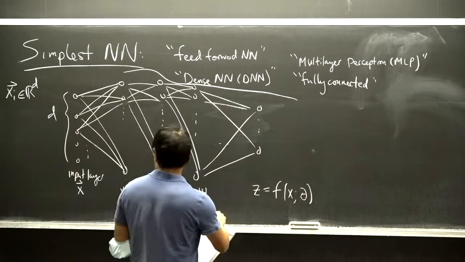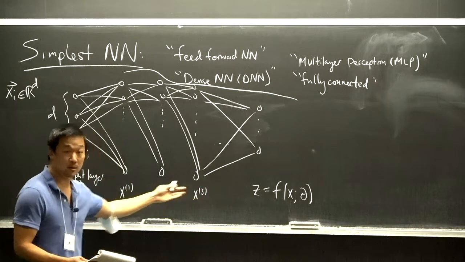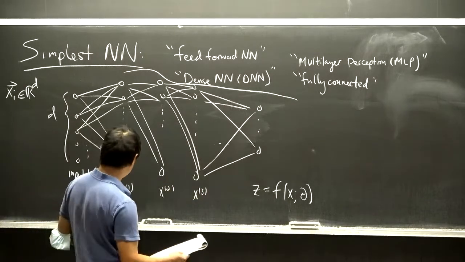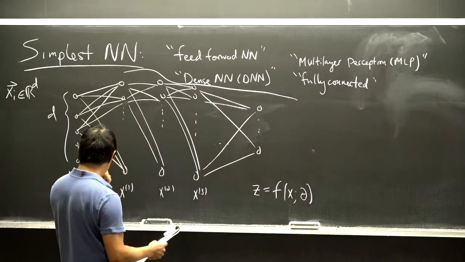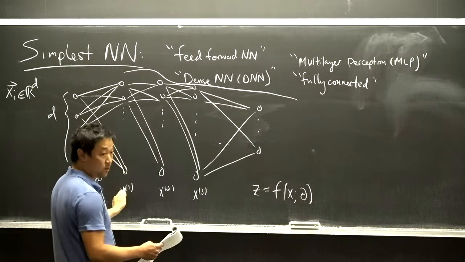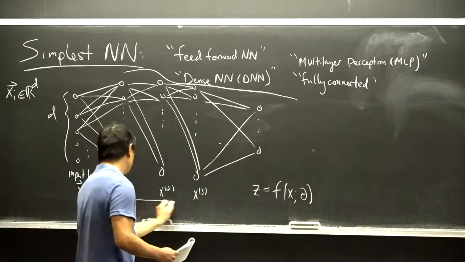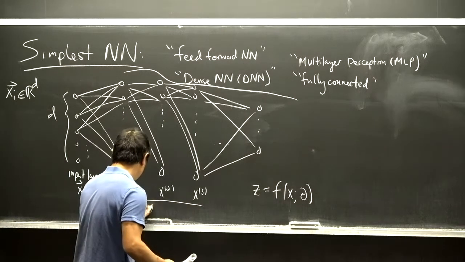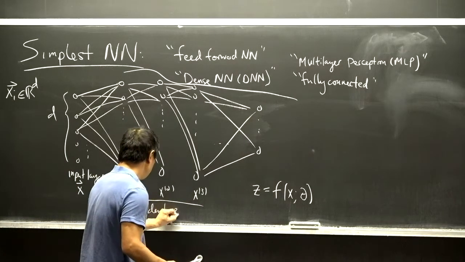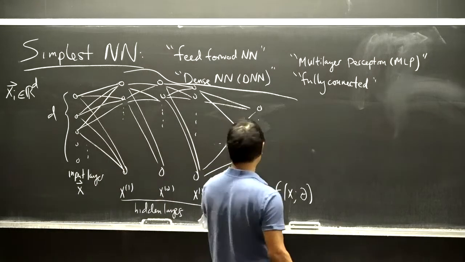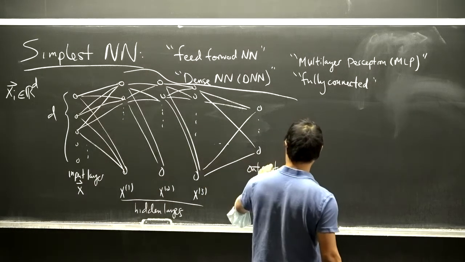The structure is recursive, and I guess it's biologically inspired. Oh, sorry, so these are called hidden layers, and this is called the output layer.